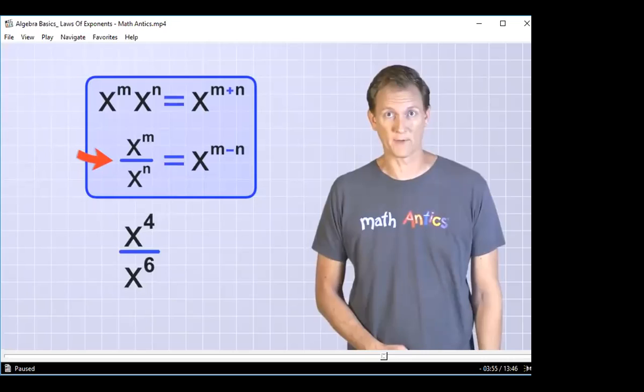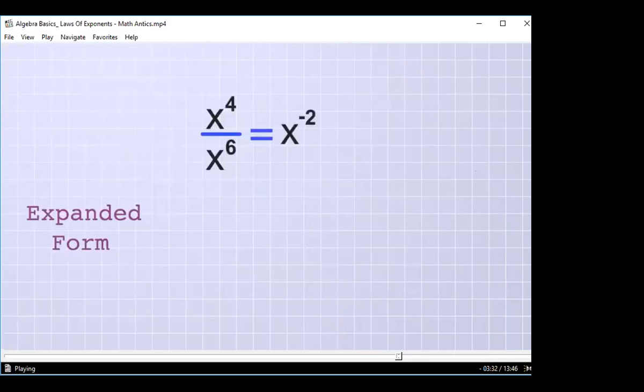So first, if you use the rule directly, it will be 4 minus 6, x to the power of -2. Expanded form to prove it: x power 4 will be x times x times x times x over x power 6, 6 x's. And after that, I'm going to cancel each pair together.